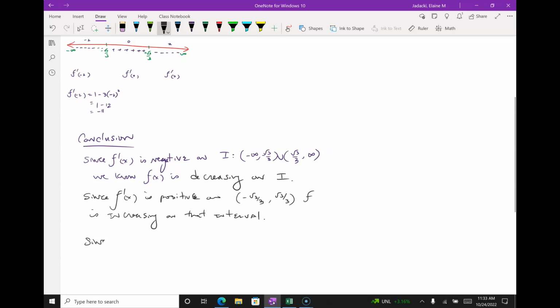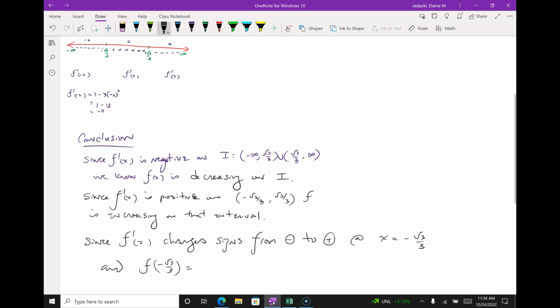Since f prime of x changes signs from negative to positive at x equals minus rad 3 over 3, and f of minus rad 3 over 3, which is hideous, isn't it?